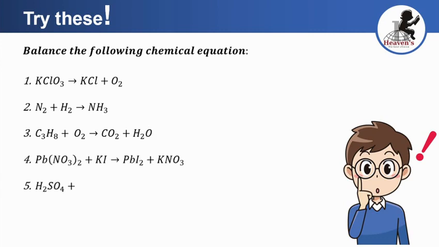Third: C3H8 plus O2 gives rise to CO2 plus H2O. Fourth: Pb(NO3)2 plus KI gives rise to PbI2 plus KNO3. Fifth: H2SO4 plus NaOH gives rise to Na2SO4 plus H2O. Balance all these equations by the previous activity. Okay, thank you.